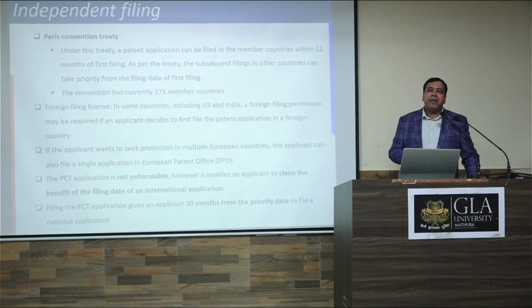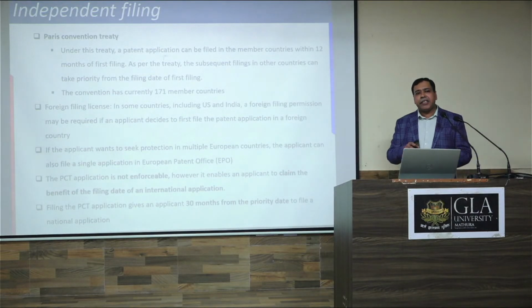Now, the other way of filing a patent is through a medium called WIPO, the PCT route. So that's a second alternative to file a patent. The PCT route has around 171 member countries in which you file one single application, and then you get a window of 30 to 31 months to decide in which national countries you want to file the same application.